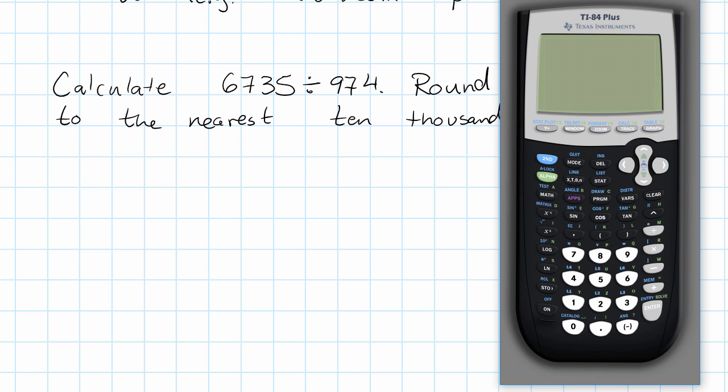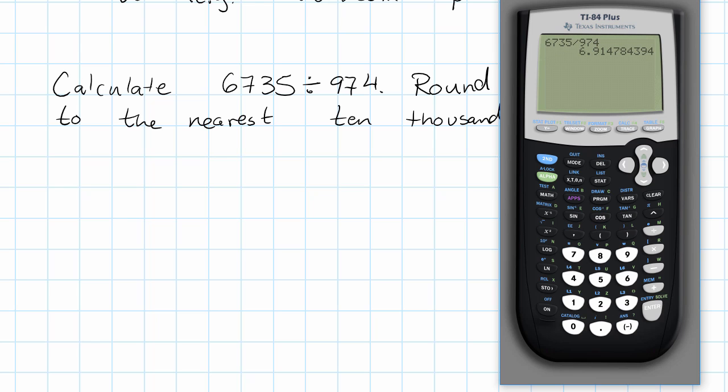Alright, let's use a calculator to do this division. 6, 7, 3, 5 divided by 9, 7, 4 equals some horrible decimal, as expected. So I'm just going to copy this whole thing out.